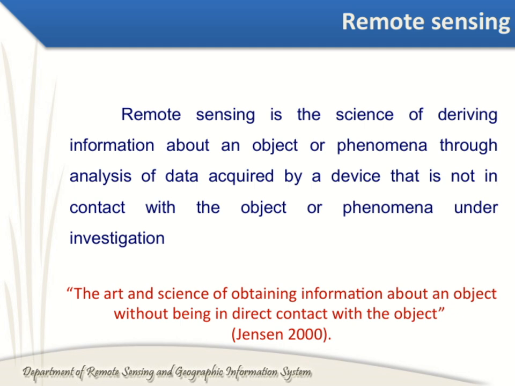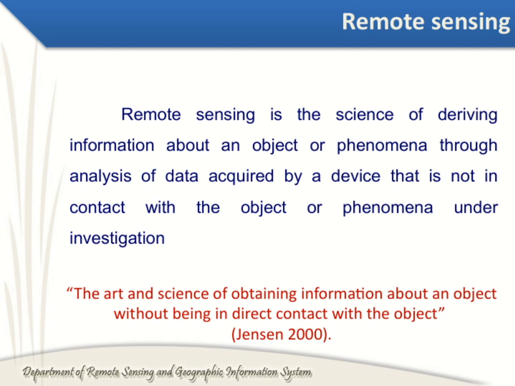He describes it as the art and science of obtaining information about an object without being in direct contact with the object. In more technical terms, remote sensing involves collecting data through devices or sensors that are not in physical contact with the target. Then, we analyze this data to derive meaningful information about the object or phenomenon we're investigating.